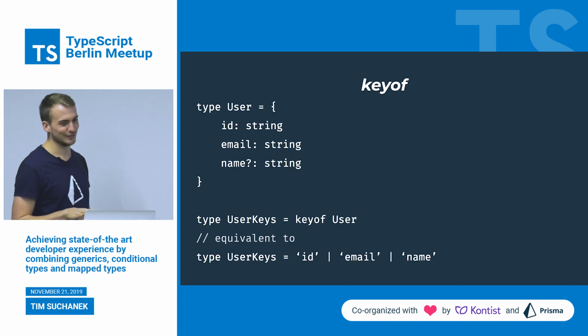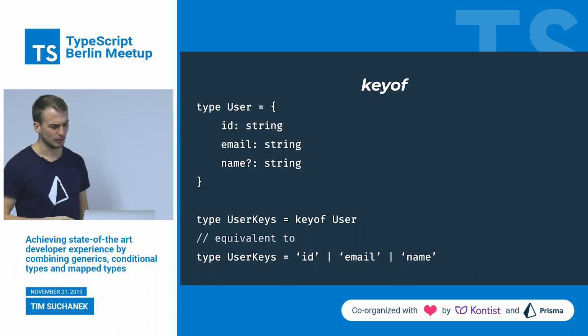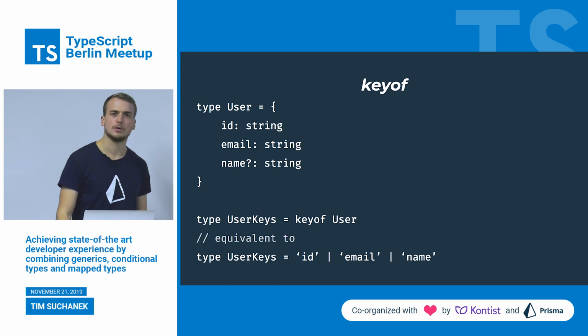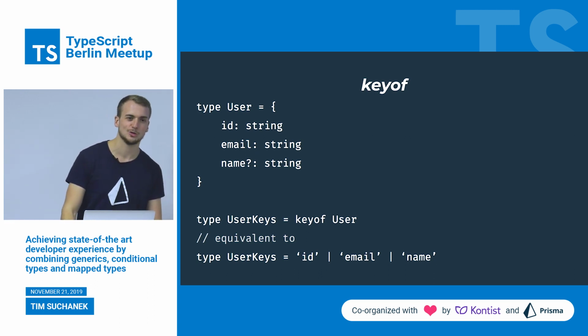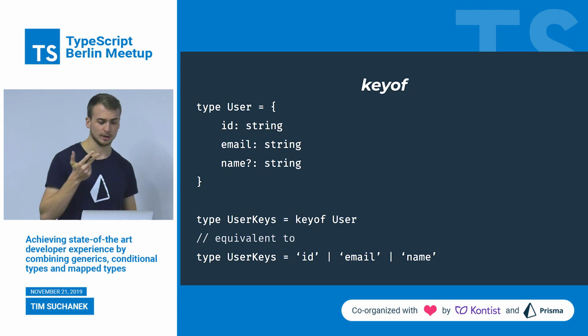I will from now on just say we get the keys, because string literal union is a bit of a weird word. And so this is an important ingredient for our nice soup that we're cooking here, which is this beautiful API.